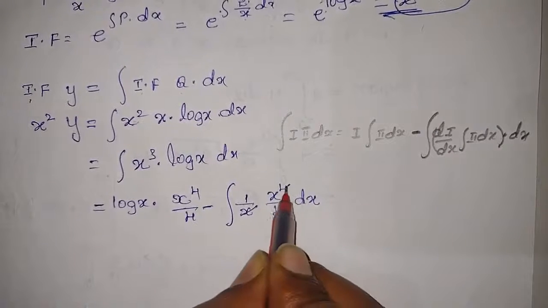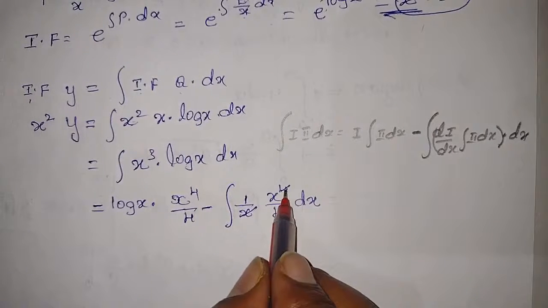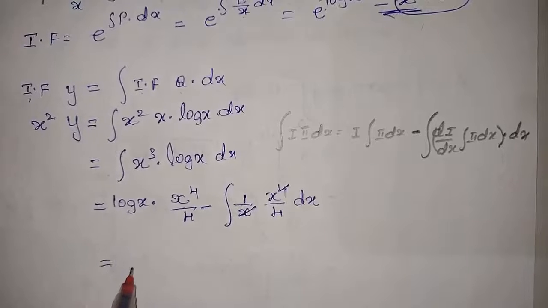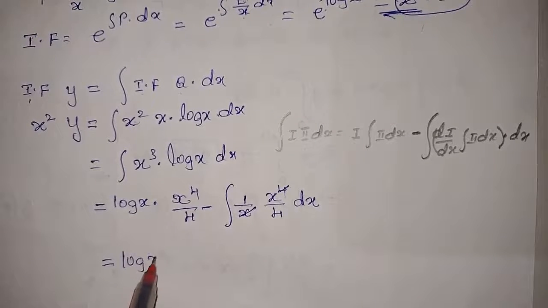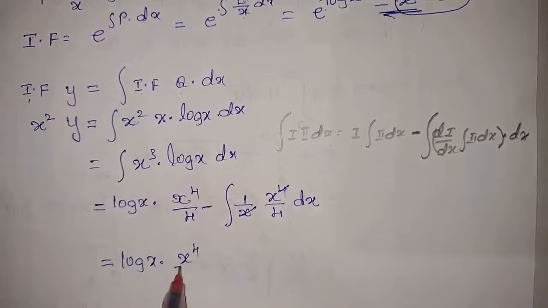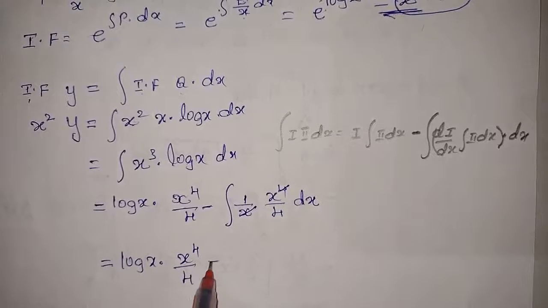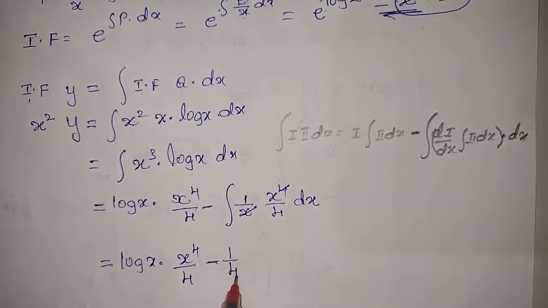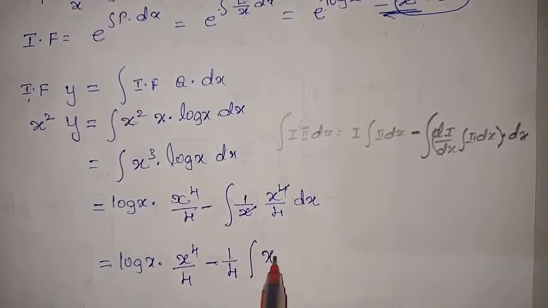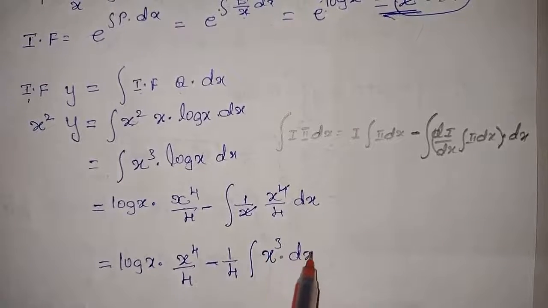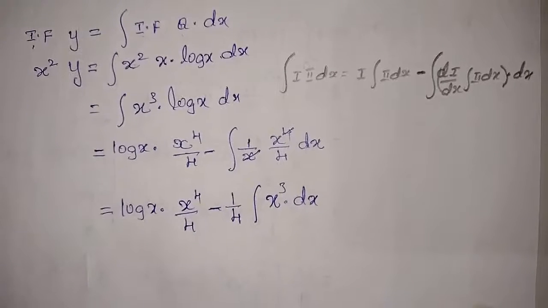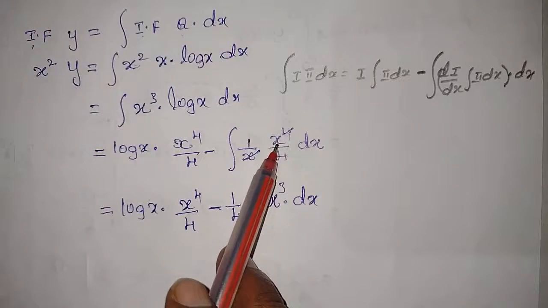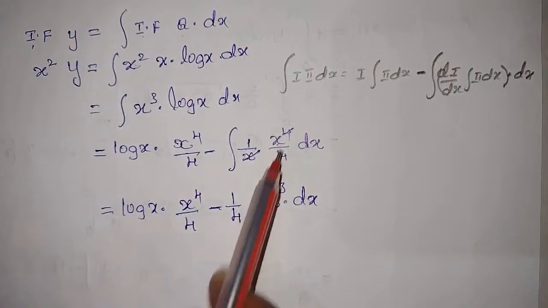Here x and x cube, one of the x will be cancelled. It is also equal to log x into x to the power of 4 by 4 minus 1 by 4, the constant term, into integration of x cube into dx. Clear? Because of x to the power of 4, only one x cancels and we will get x cube.